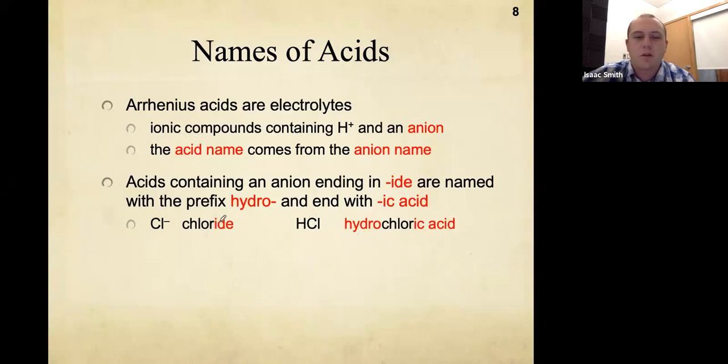But when we name acids, we look at the anion. Chloride has an IDE ending, so you put the prefix hydro and the suffix ic acid. The only thing that stays is chlor. So we have hydrochloric acid.